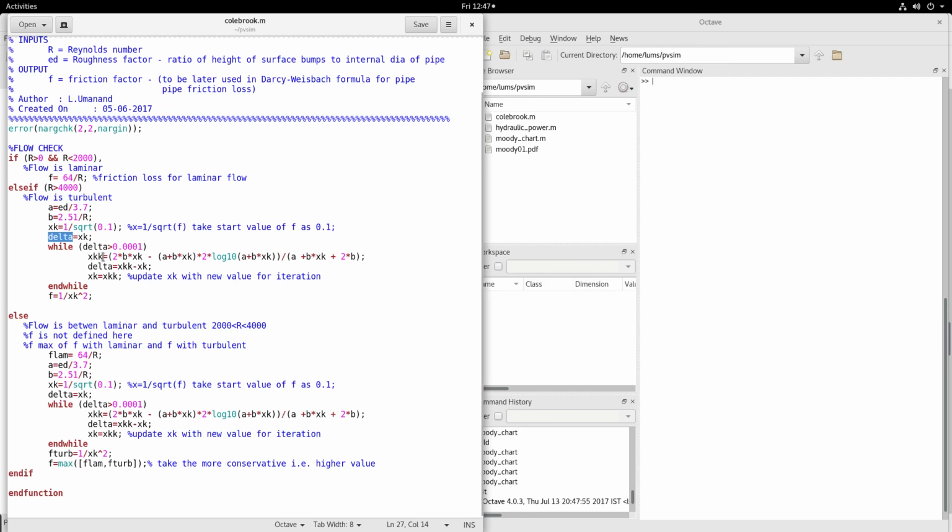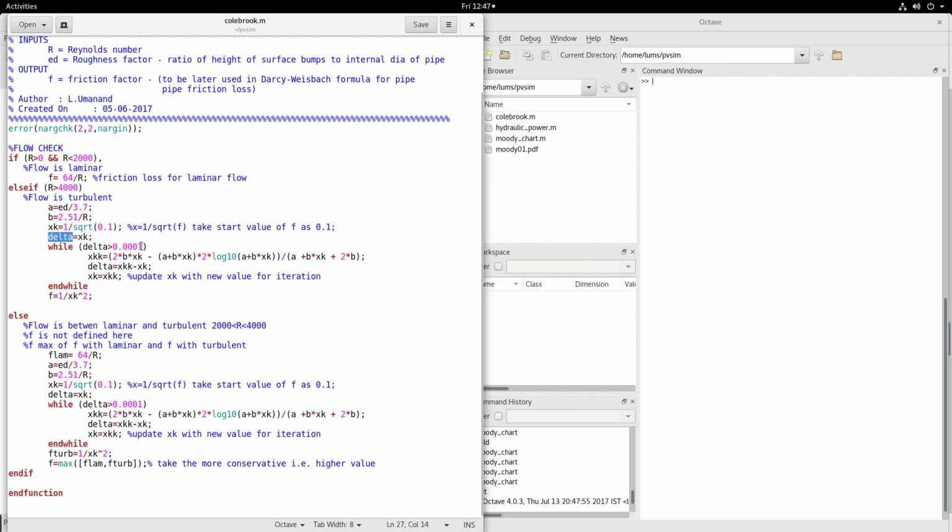So xkk is what I am using for xk plus 1, which is equal to, this is the Colebrook iterative equation which we derived. Then delta is xk plus 1 minus xk, basically delta x, and I am setting xk to the new estimate, whatever that xk plus 1 estimate is, so that the loop can continue.